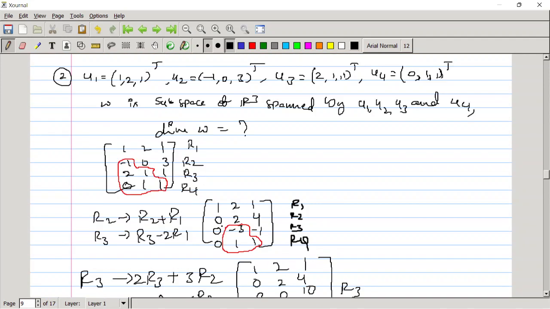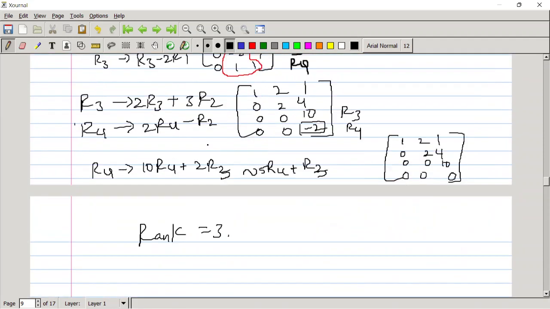So firstly what we did here is, we wrote the given vectors into matrix form and then we calculated the rank of that matrix.